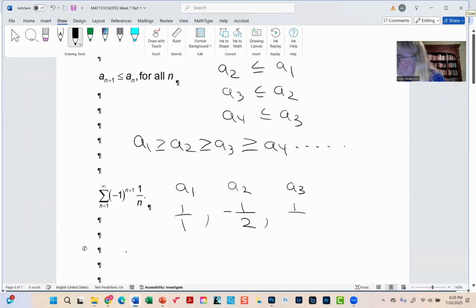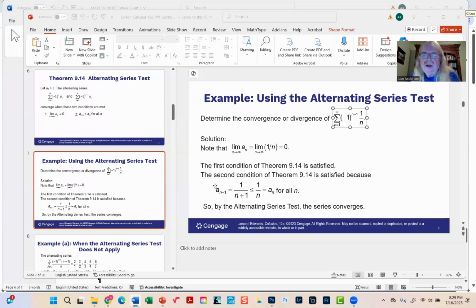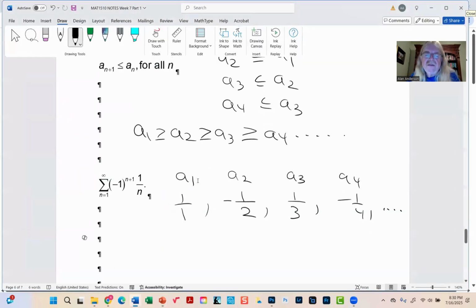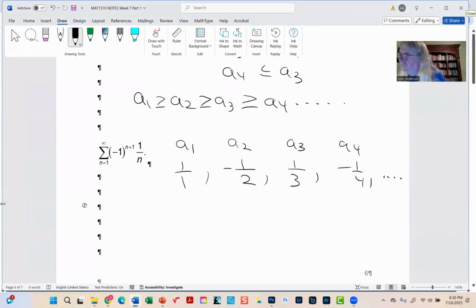Positive 1 over 3. Negative 1 over 4. Excellent. Okay. Now, we know that 1 over n diverges.